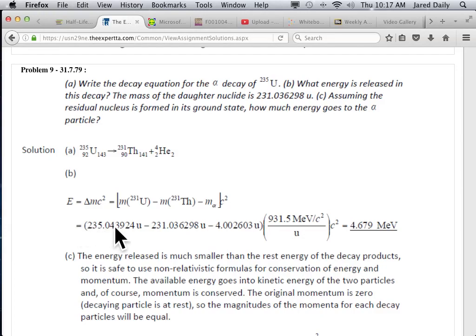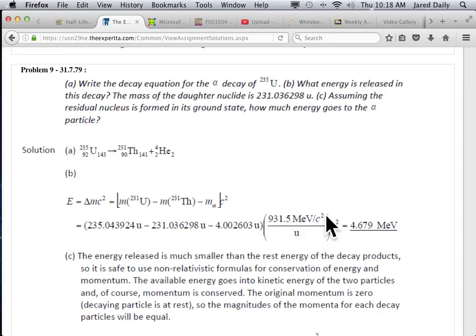In part B, you get energy equals the change in mass times c squared. The change in mass is the mass of this guy, the 235, minus the mass of this guy plus the mass of this guy. So you subtract those masses and multiply by the speed of light squared, which has a value in this chapter of 931.5 mega electron volts per c squared.